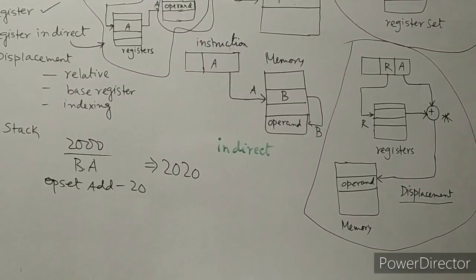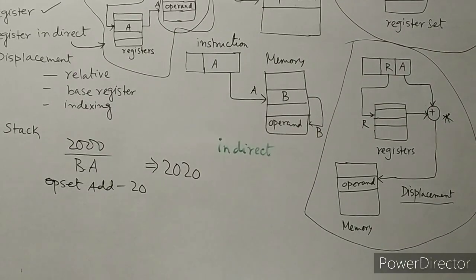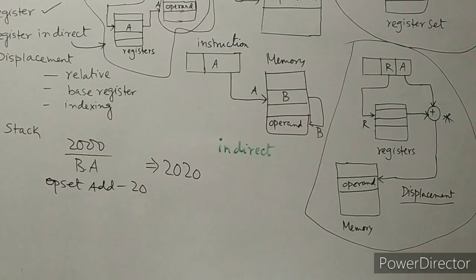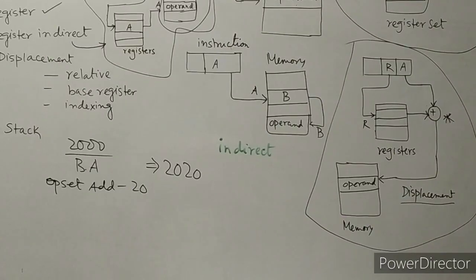That is, the instruction knows that the topmost one data item, if the instruction is unary, or the topmost two data items, if the instruction is binary, will be the operands. From where to get the data? From the top of the stack. That is why it is stack addressing mode.